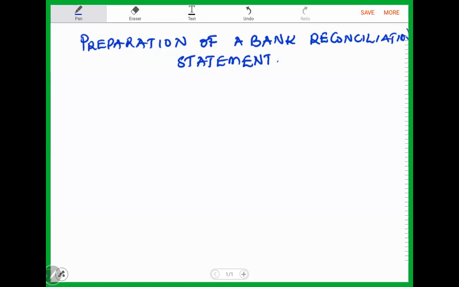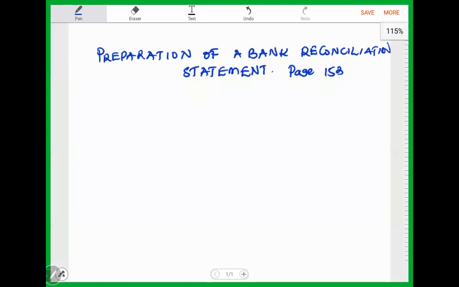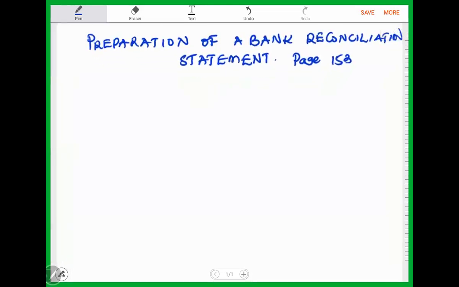Okay, bank reconciliation statements. Those of you who have studied packs, it is on page 153. That is where you'll find your bank reconciliation.